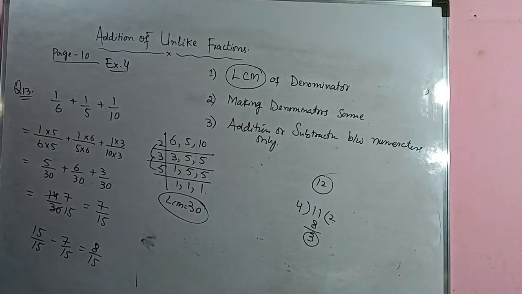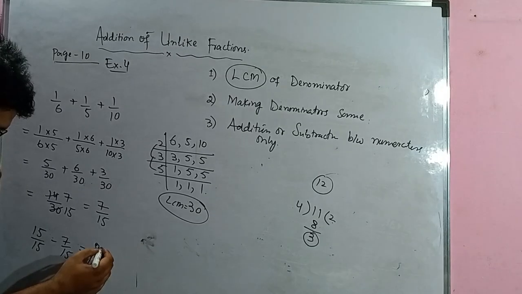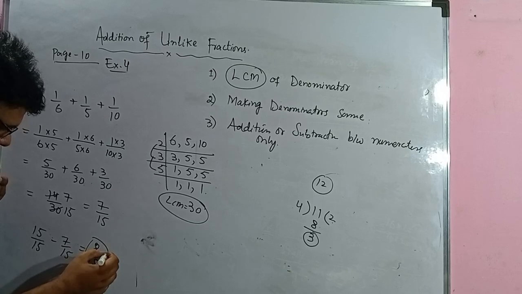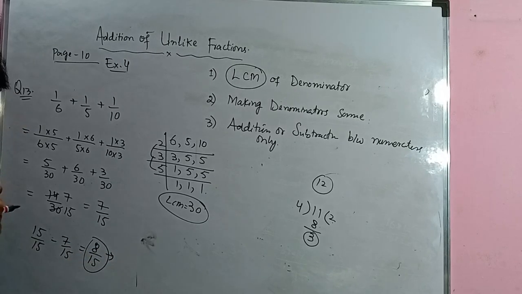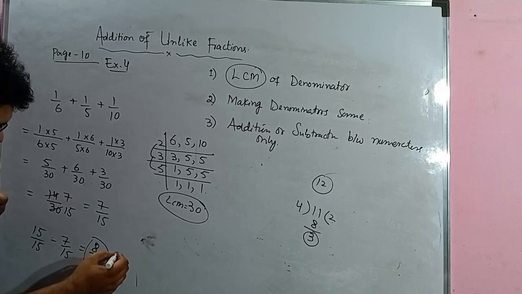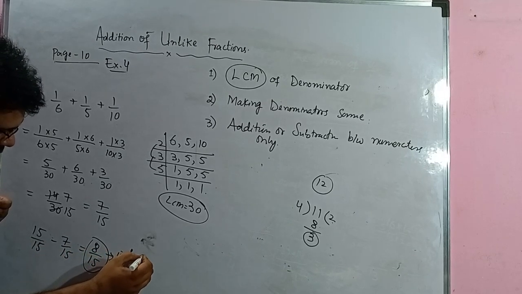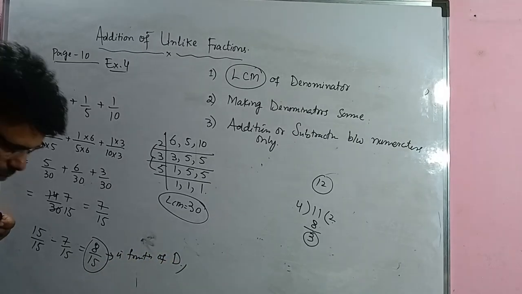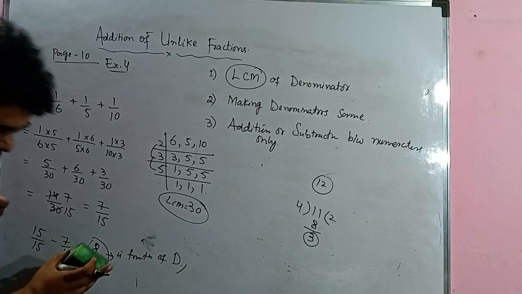So this is the answer. 8 by 15 is the fraction of the chemical D. So this fraction 8 by 15 is the fraction of D. This is the answer of the 14th question.